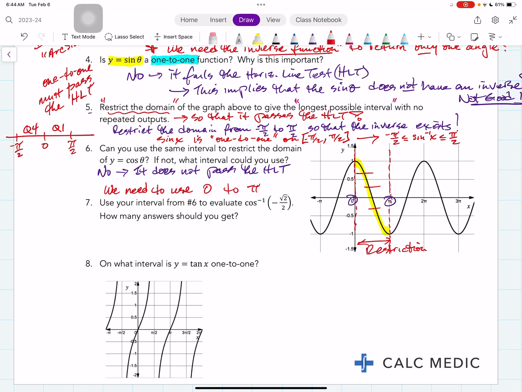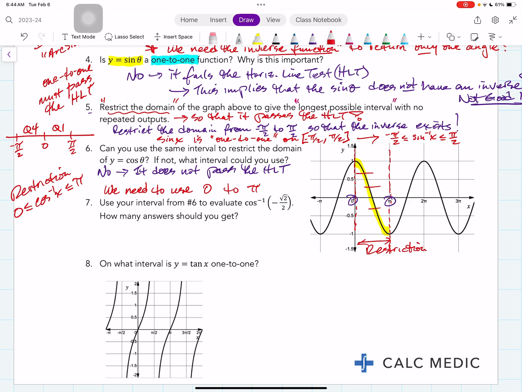So what we want to do is, let's write this over here. So the restriction, cosine inverse would be between 0 and pi. So 0 is less than or equal to cosine inverse of the ratio, and that's got to be less than or equal to pi. So when we take the inverse of this ratio, it's going to return an angle between 0 and pi.